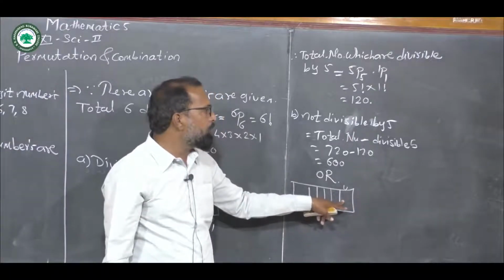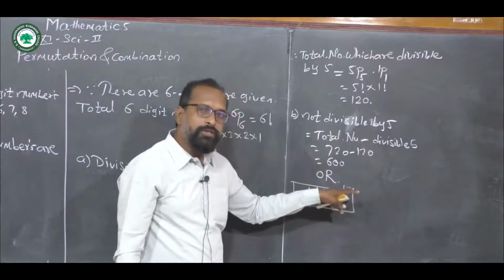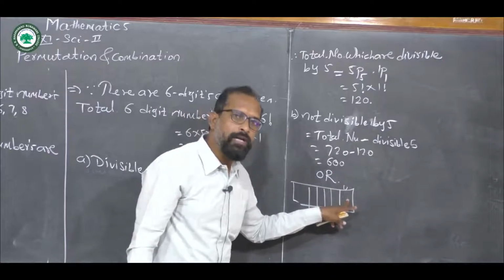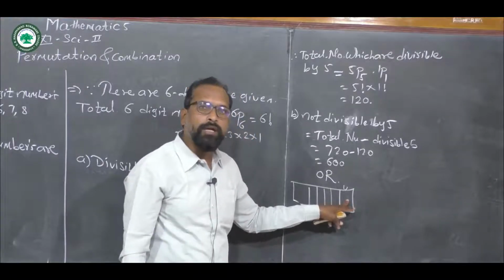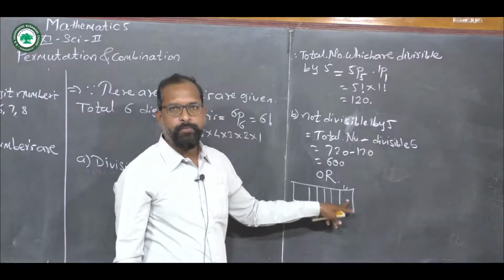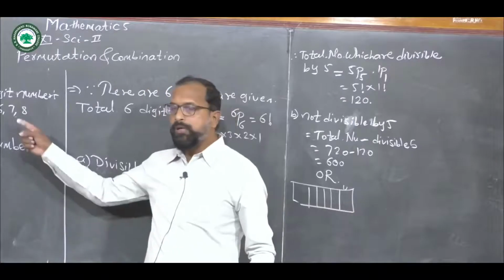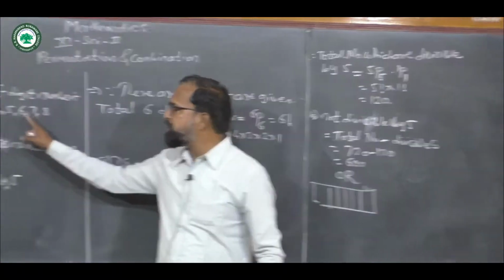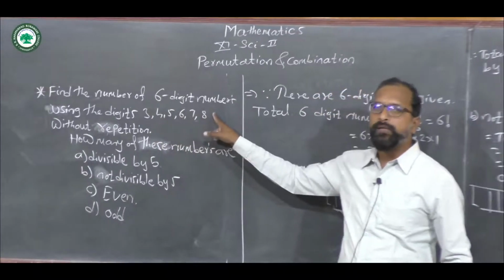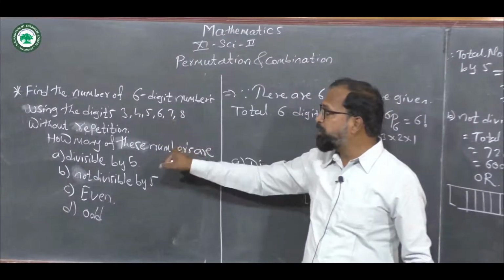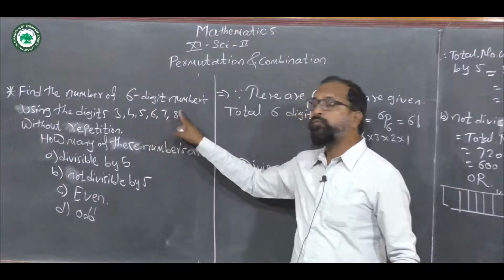Now we have to form a number which is not divisible by 5. That means this unit place must be filled using a digit other than 0 or 5. The digits other than 0 and 5 are 3, 4, 6, 7 and 8. That means the unit place can be filled in 5 ways.